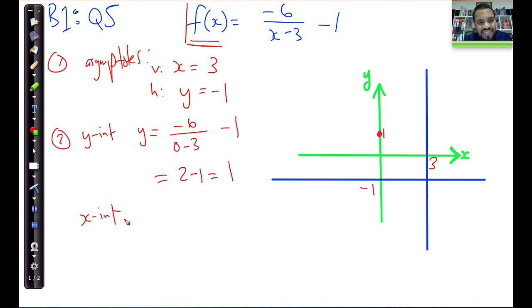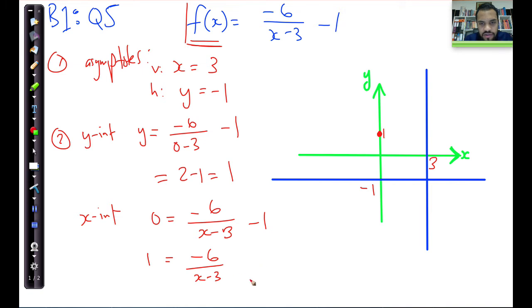And my x-intercept, I'm going to make y equal to 0. And then I'm going to get 0 equals -6 over x minus 3, minus 1. I'm going to take this -1 to the other side, in other words, I'm going to add +1 to both sides. Then I'm going to get 1 is equal to -6 over x minus 3.